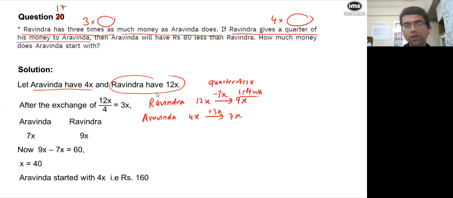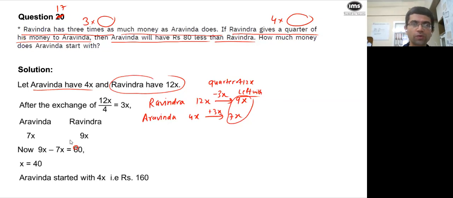Now, after doing this, Arvinda still has 80 rupees less than Ravindra. So the difference of these two new amounts is 80. Correct? This should be 80. Okay, 9x minus 7x is 80, and hence x is equal to 40.